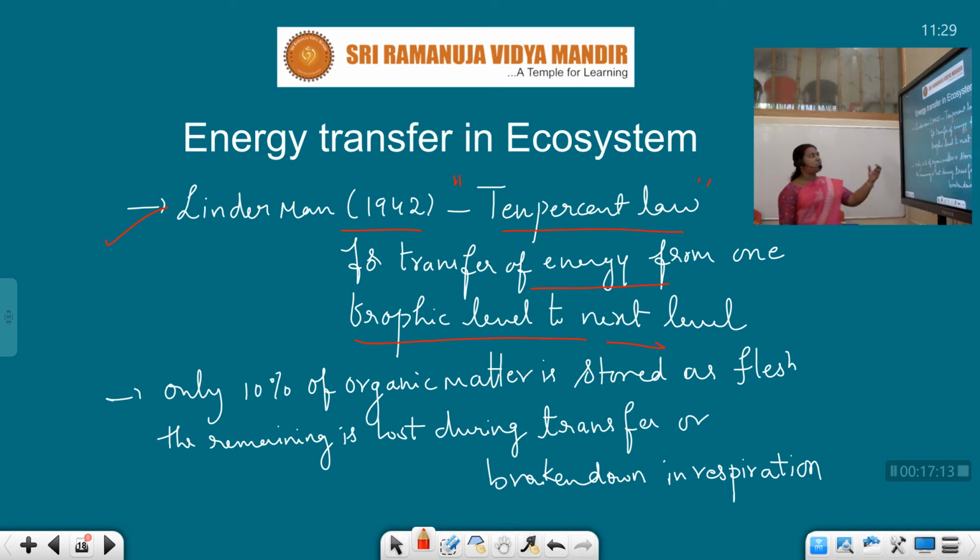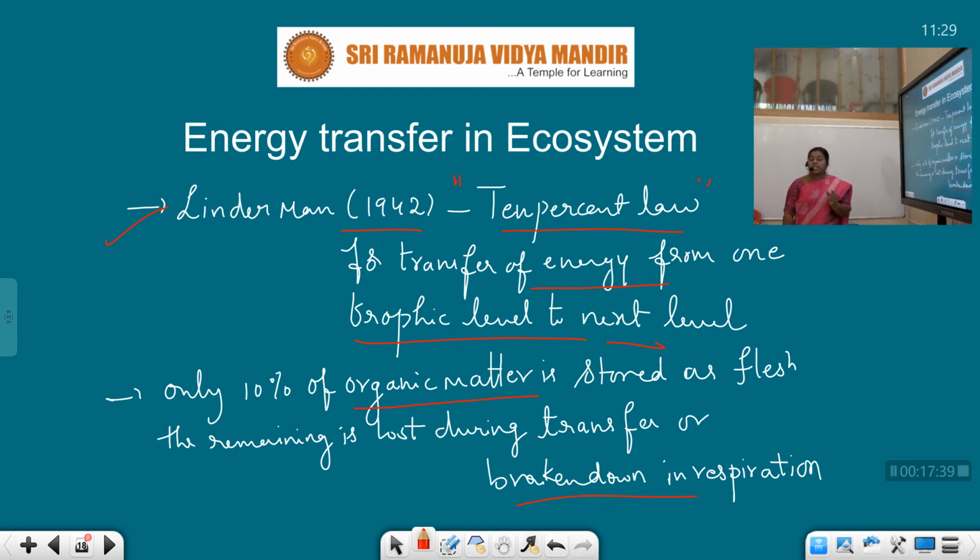This law is given by Mr. Lindemann. In this law, he explained how energy transfers from one trophic level to the other trophic level in the food chain. Understood, students? Only 10% of organic matter is stored as flesh and the remaining is lost during the transfer or broken down in respiration.